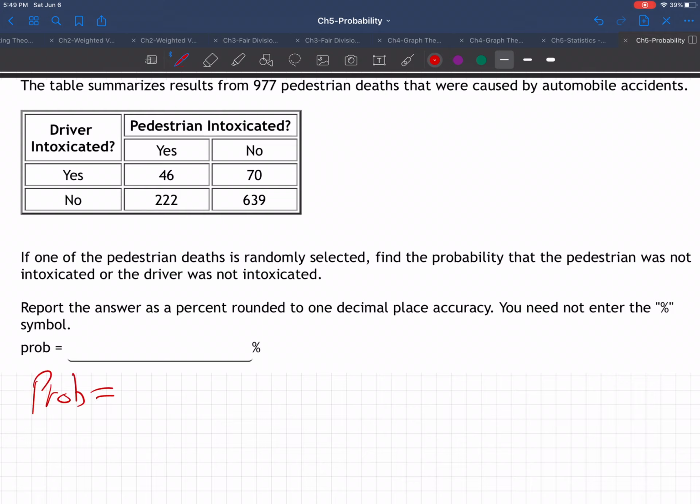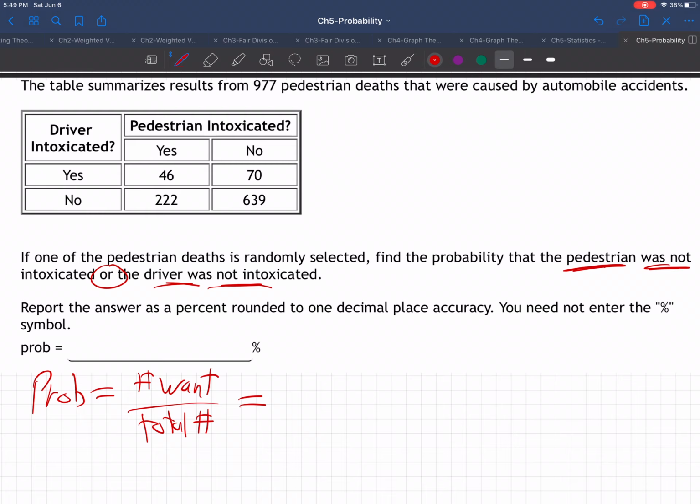So remember that probability is the number you want over the total number. So they're asking us pedestrian not or driver not. So basically, let's go case by case.